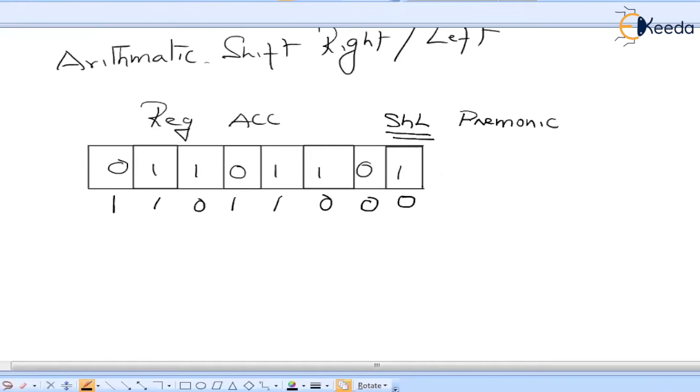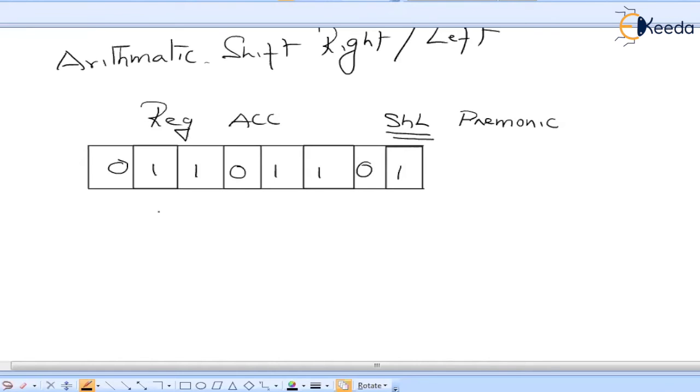That is, initially a 0 will get transferred into the least significant bit, then all the bits will get shifted. This is not 0, this is 1, right? This must be 1 here. This 1 will come here, 0 here, 1, 1, 0, 1, 1. A 0 will be added here. This is logical shift left. Now, what is logical shift right?